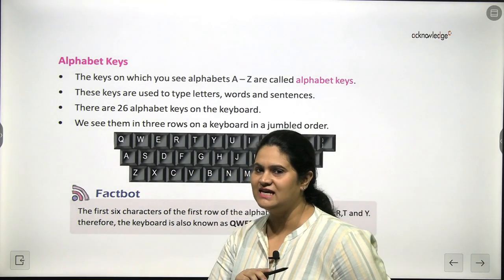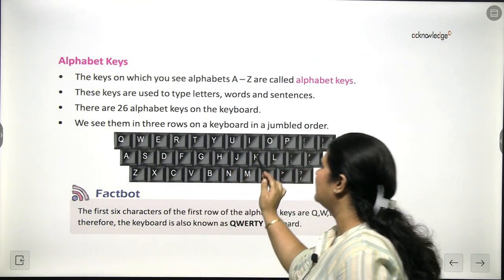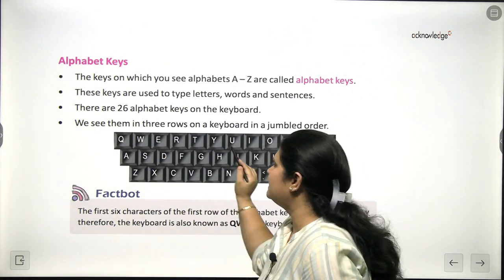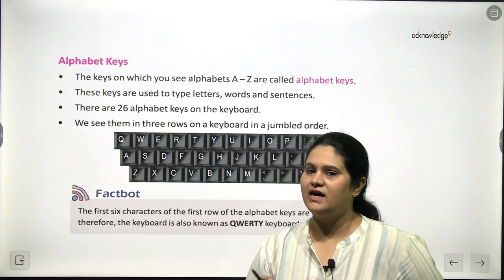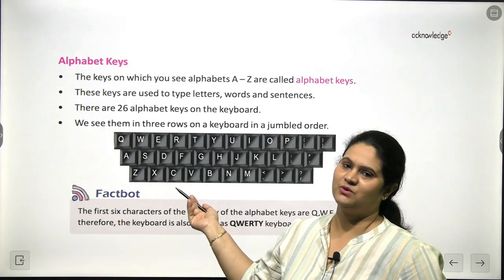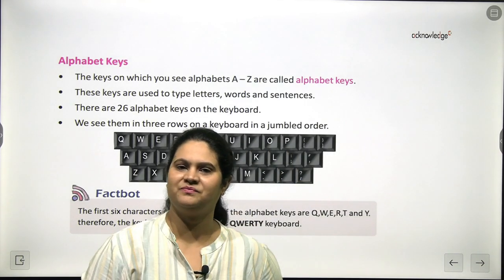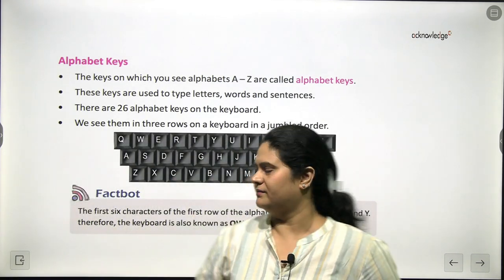Will you remember this? It is known by the first 6 characters of the first row, which are QWERTY. QWERTY makes it QWERTY, and this keyboard is known as a QWERTY keyboard. Is it fine, children? Is there any problem? Very good. Let's move on.